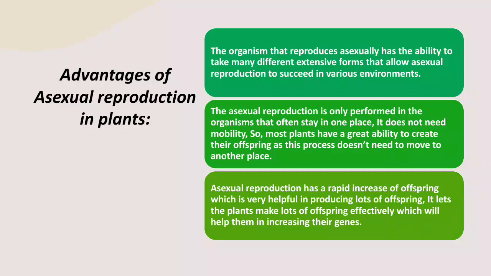Asexual reproduction is only performed in organisms that often stay in one place. It does not need mobility. So most plants have a great ability to create their offspring, as this process does not need to move to another place.